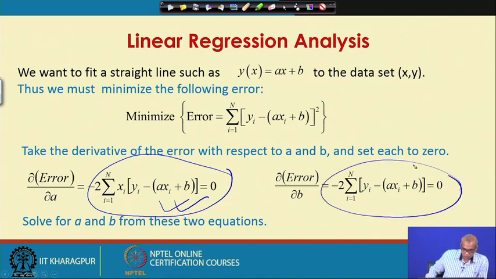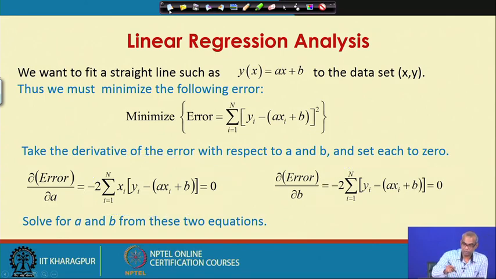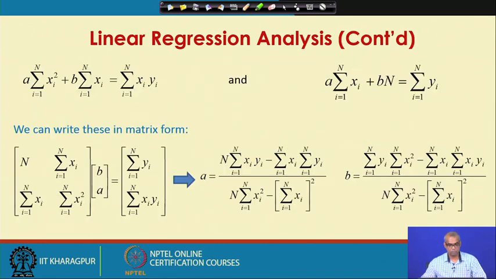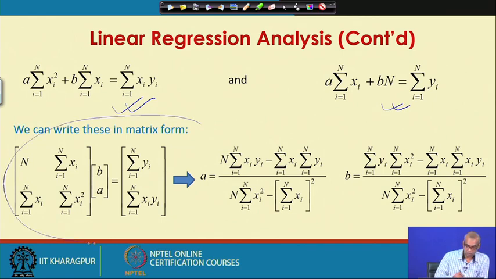We set these two equal to 0 and solve these two equations simultaneously to obtain a and b. So, this is one equation, this is another equation. We can write this in this matrix form.